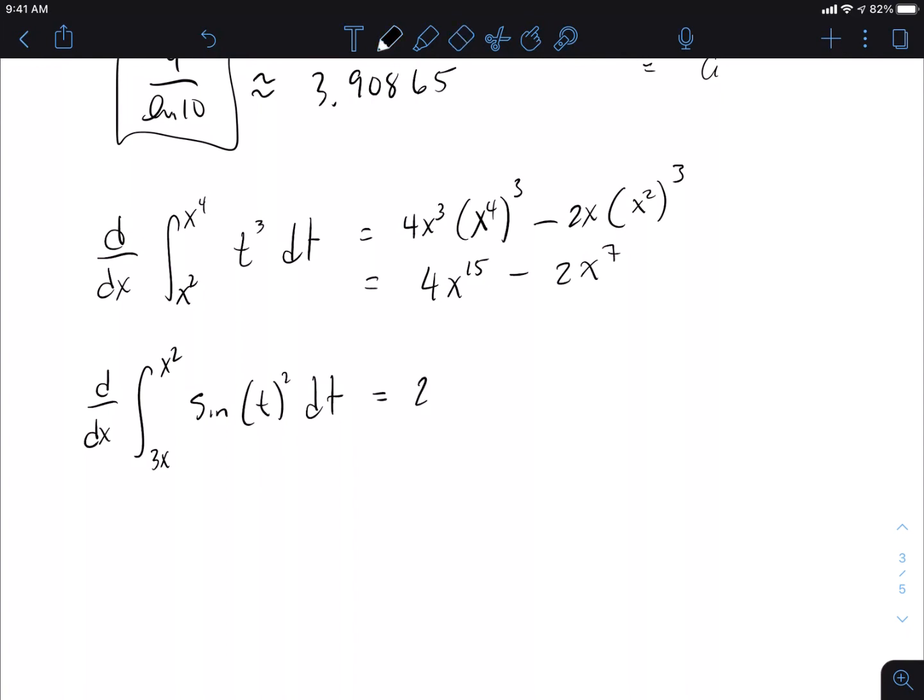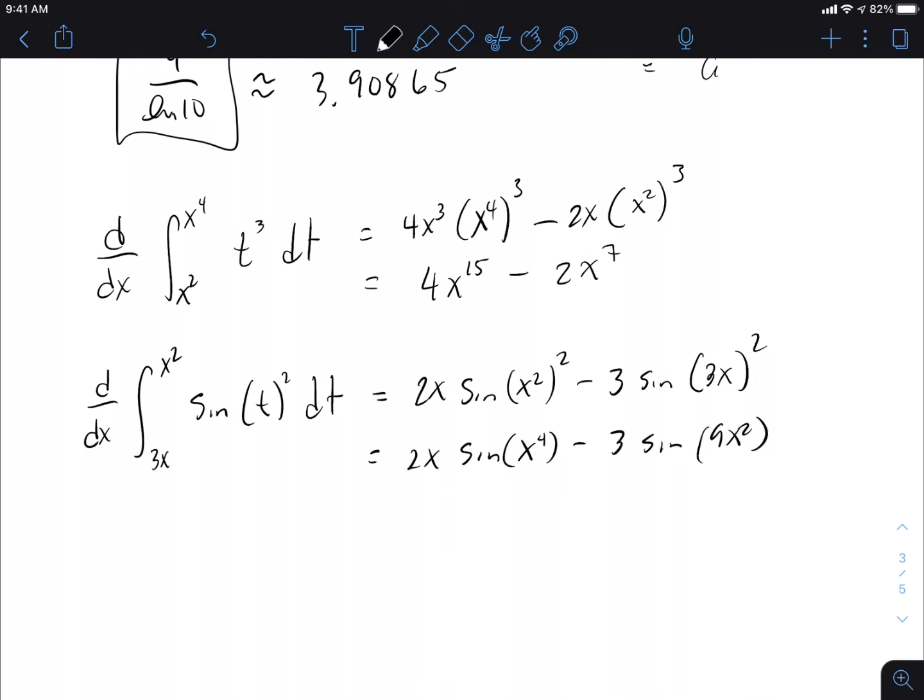So the derivative of the upper bound is 2x, then sine of x squared minus... Cool, thank you. It should be 3 sine of 3x squared. So when we clean it up, I'm going to get 2x sine of x to the 4th minus 3 sine of 9x squared.